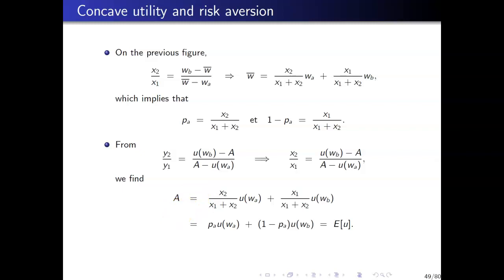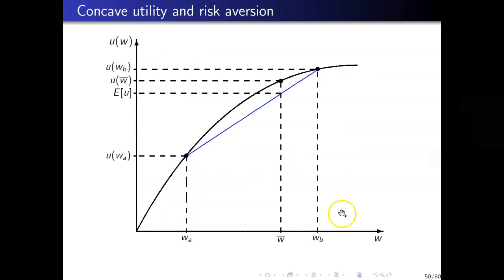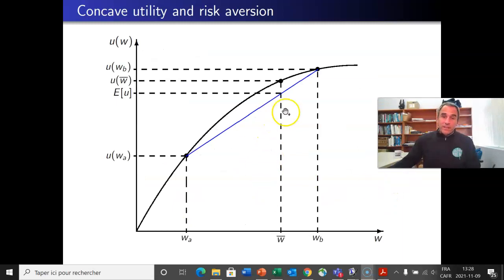Good. So this means that if you have your expected wealth on the horizontal axis, you draw a straight line up to the utility function, okay? And at the same time, you draw a line from U of WA to U of WB.